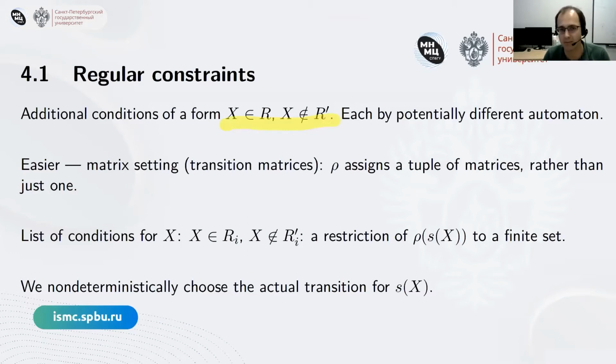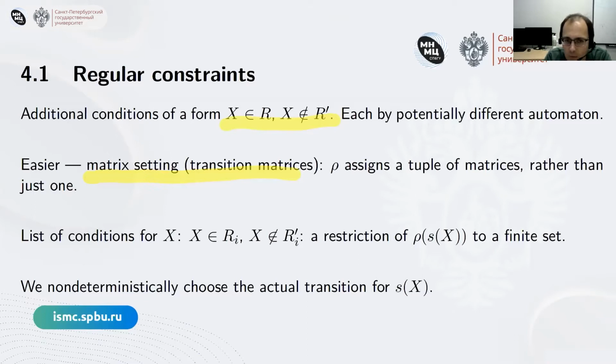The most expressive option is to use non-deterministic finite automata, with different automata for different such constraints. In particular, negation is useful because we do not need to complement the non-deterministic automaton. However, when we try to incorporate this into the actual algorithm, the easiest one to cope with is the matrix setting. So instead of using regular languages, we will use transition matrices of the automata.